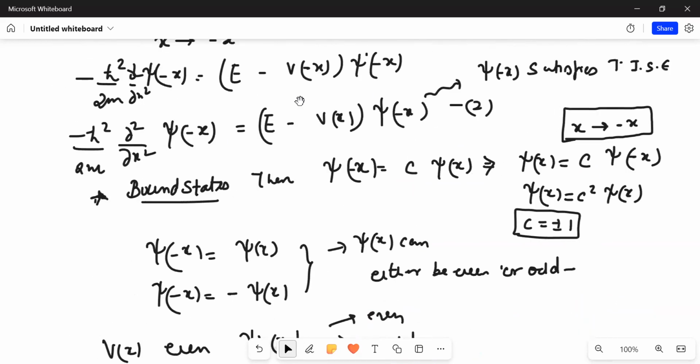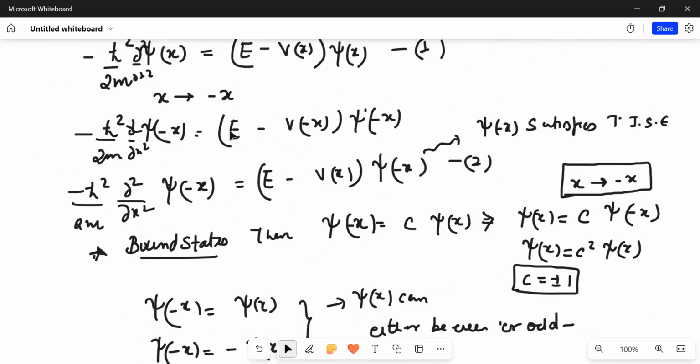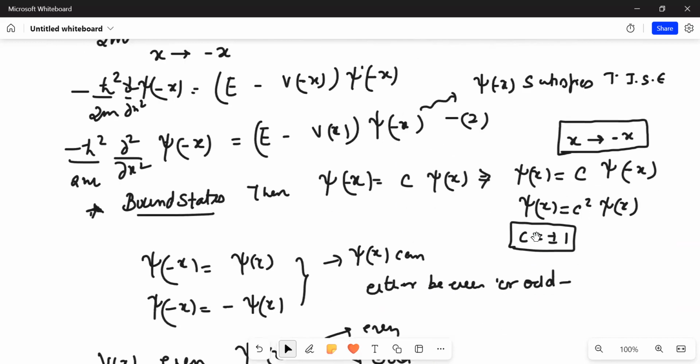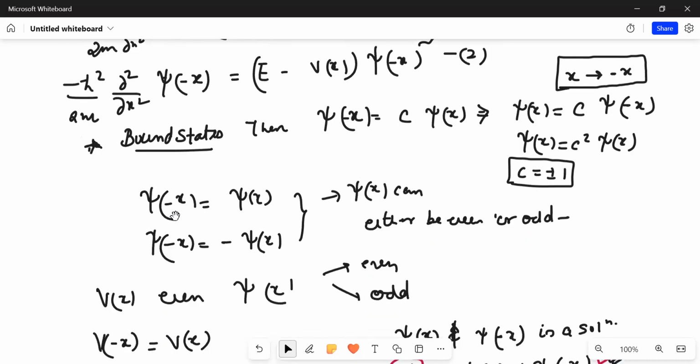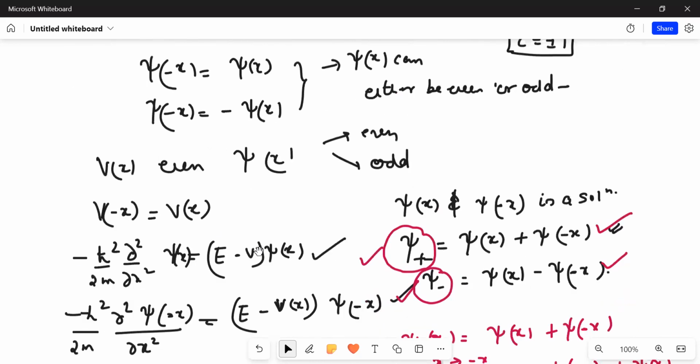It was quite clear for bound states in one-dimensional potentials, where psi of minus x is a constant times psi of x, and when I evaluated this constant, it turned out to be plus minus 1, so psi of minus x is equal to plus or minus psi of x. In general, if I'm not considering bound states, then if psi of x is a solution, psi of minus x is also a solution, and for the linear combinations I have made, this is an even function, this is an odd function, one can verify. So if V(x) is an even or symmetric function, then we can always have eigenstates that are even or odd.